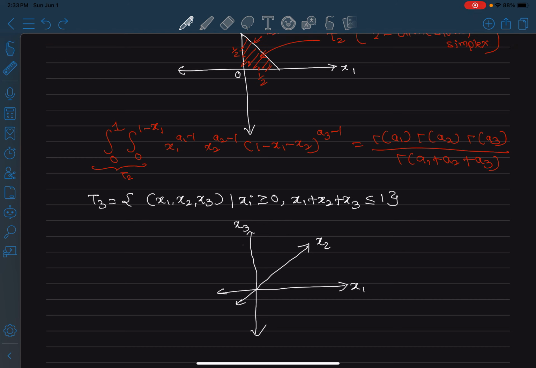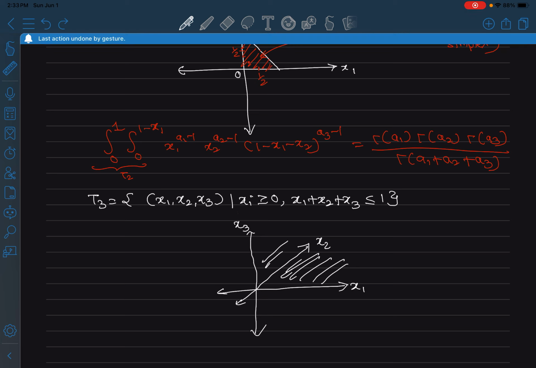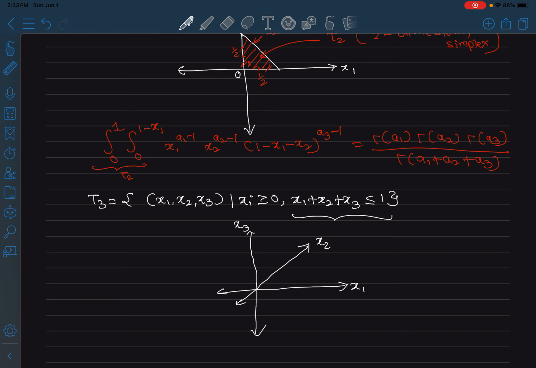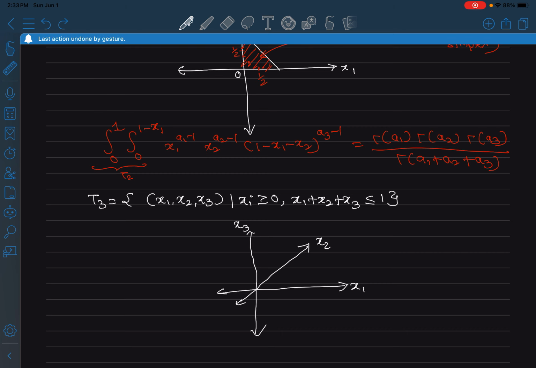The plane of x1, x2 will also be one of our boundaries, and the plane of x2, x3 will also be one, and the plane of x3, x1 as well, right? That's because these numbers cannot be negative. Along with that, the condition x1 plus x2 plus x3 less than or equal to 1 also gives us a boundary for our region.